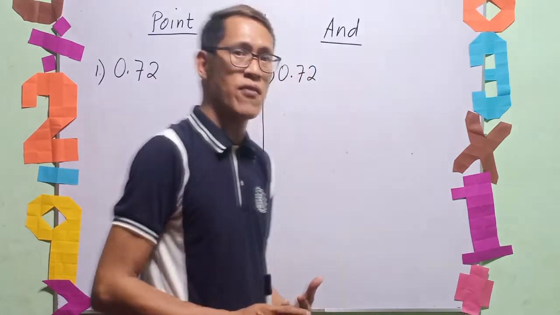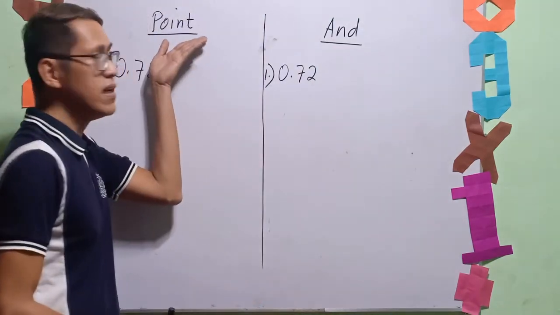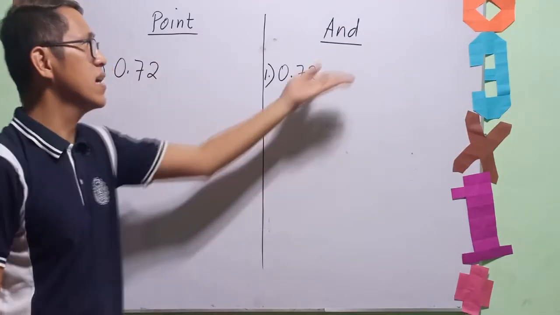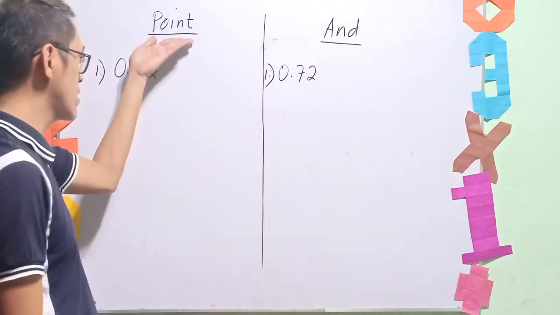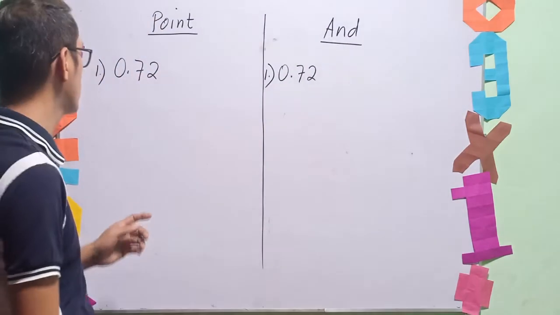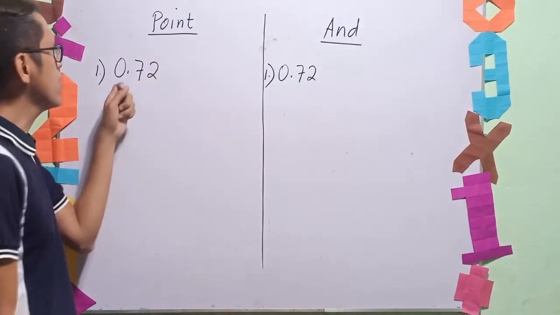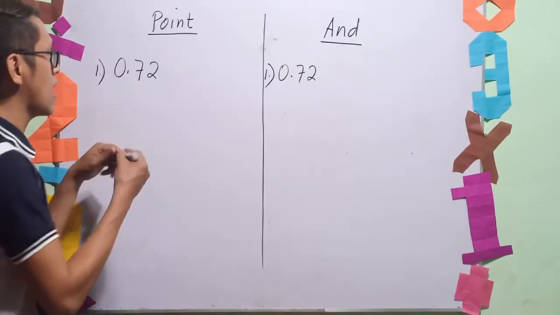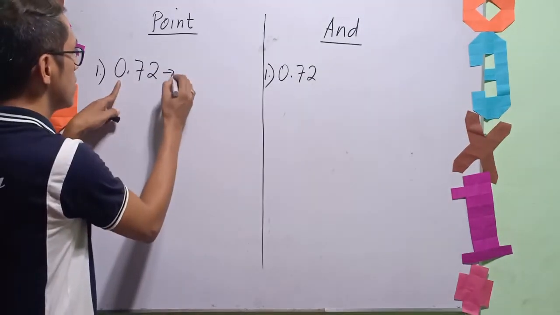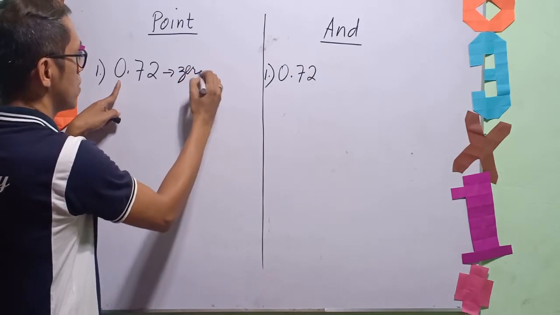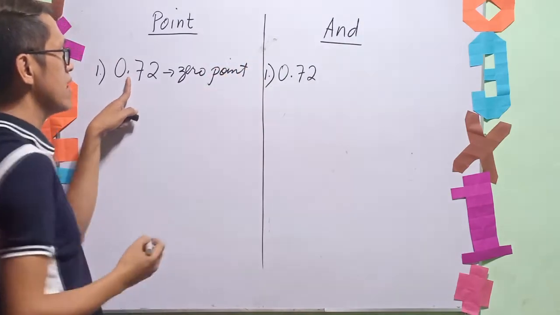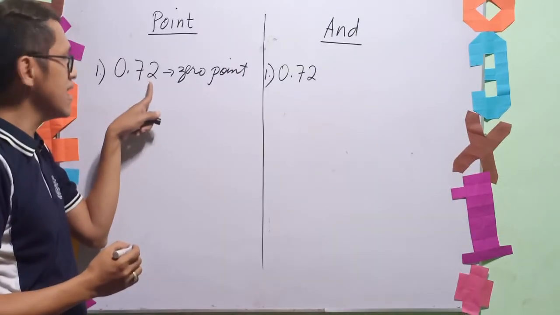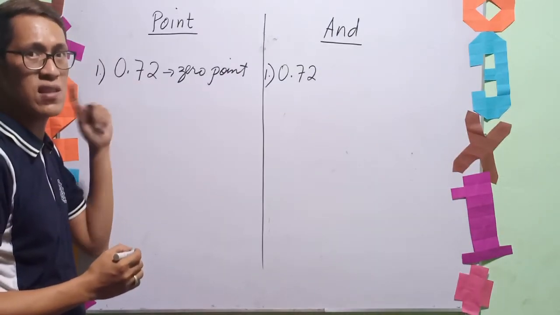Let's have more examples on reading and writing decimal numbers correctly. Let's start with the first one. Here, use point. Here, use "and" for the decimal point. Let's start using point. So if you use point, you read this as 0 point. Again, if you use point, read each digit one at a time.